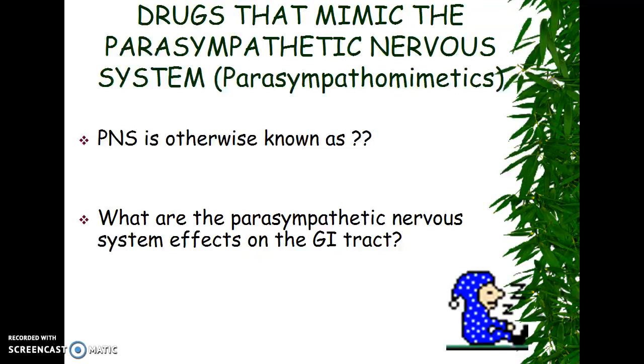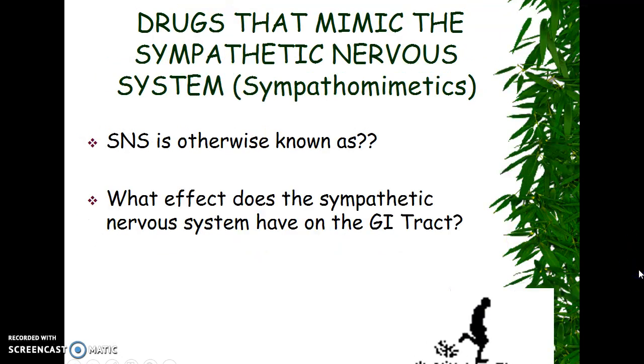We're also going to get secretion of that mucus that protects the stomach. We're going to have stimulation of the GI tract as far as gastric and enteric movement of the food through the system to be digested and absorbed, and then we're going to have defecation in the end. So that's the effect on the GI tract of the parasympathetic nervous system.